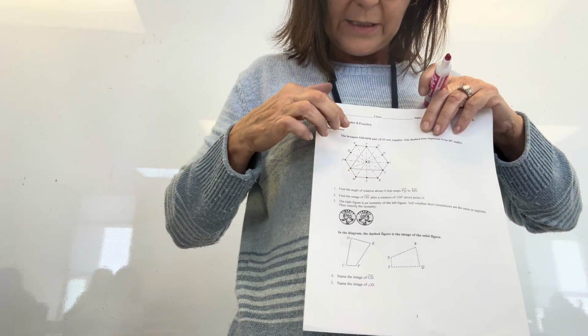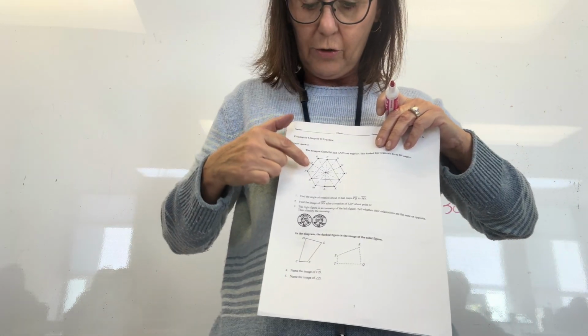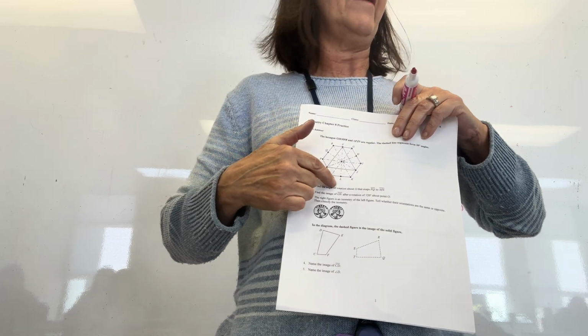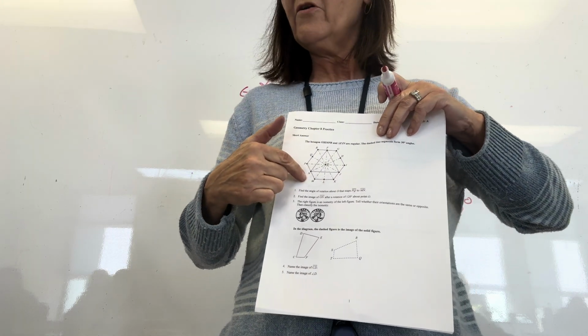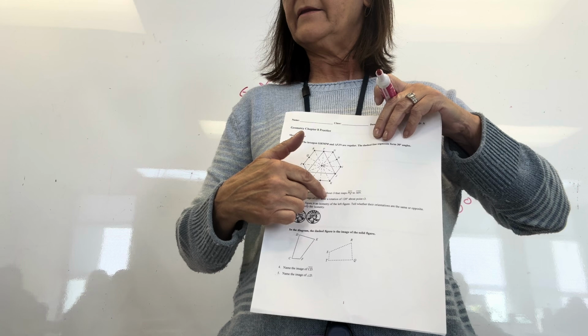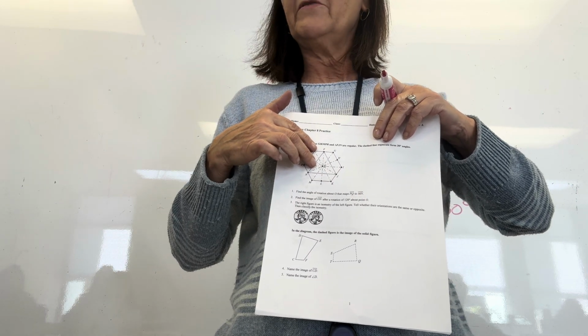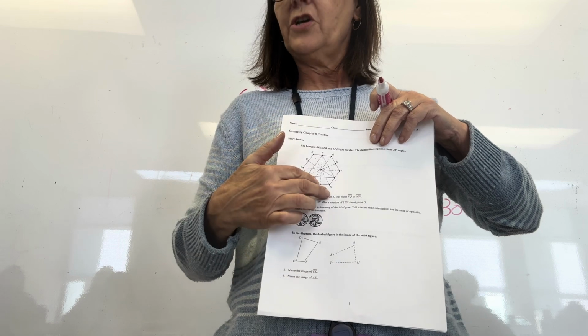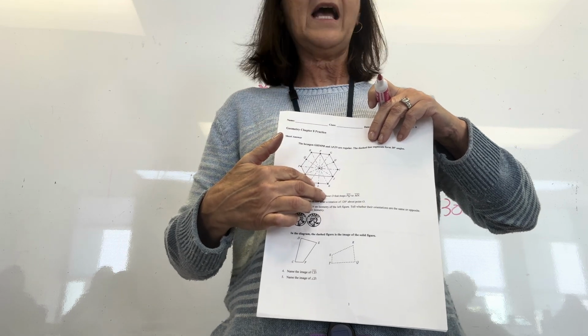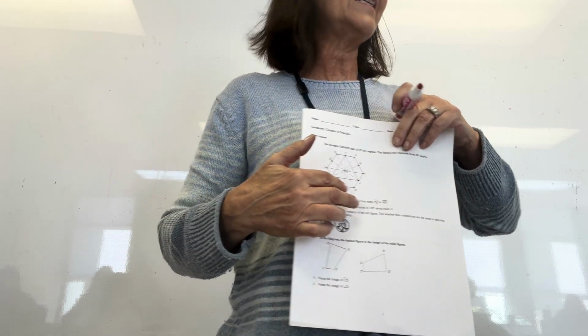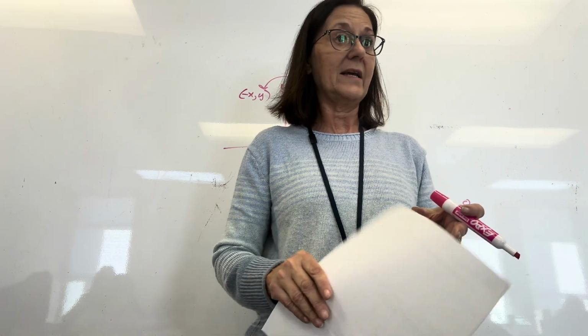So you either decide I'm going Q to N or P to M. The first one to the first letter or the second one to the second letter. Does that make sense? Or how many times do I have to move that segment? 1, 2. So 2 is how many degrees? 60 degrees. Does that make sense?